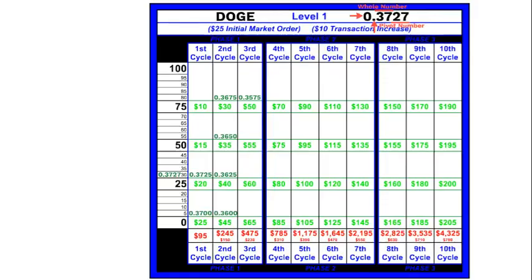So that'd be 0.3575 for $50, 0.3550 for $55, 0.3525 for $60, and 0.3500. If the market continues to fall, you go to phase two. Next whole number: 0.3475 for $70, 0.3450 for $75, 0.3425 for $80, 0.3400 for $85, and so on.